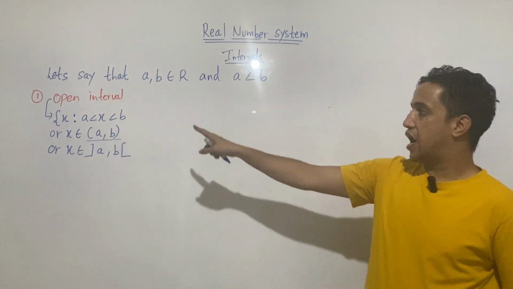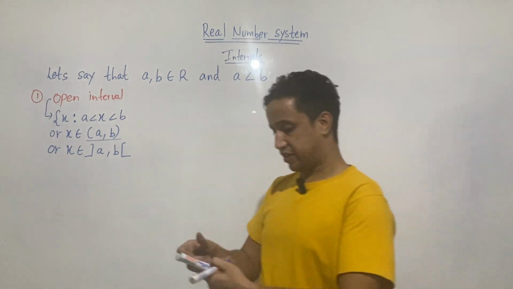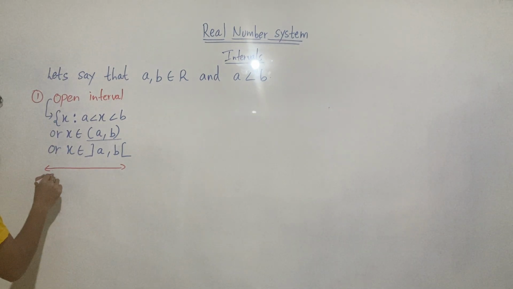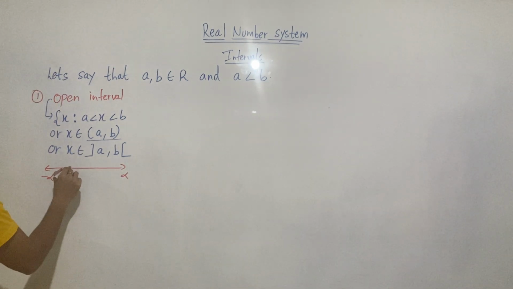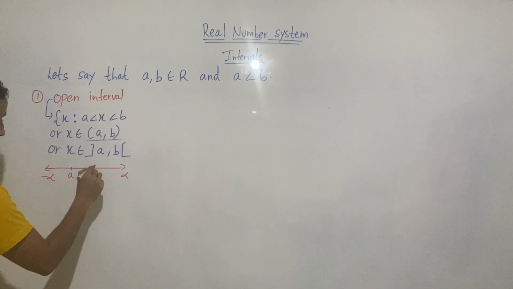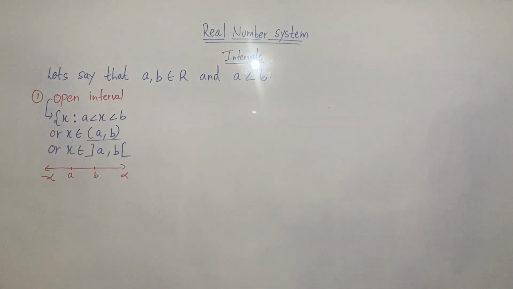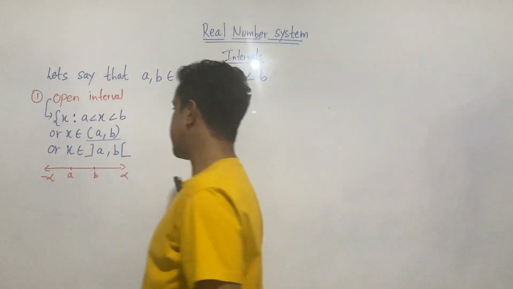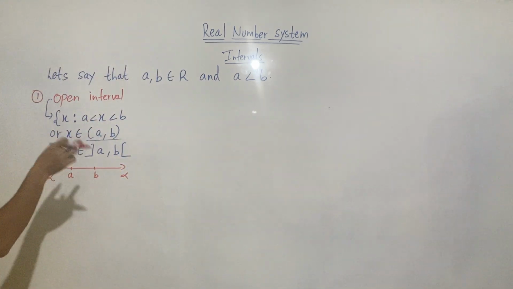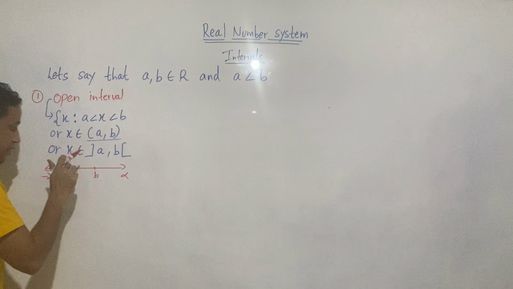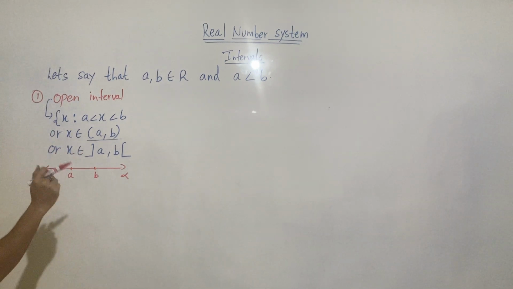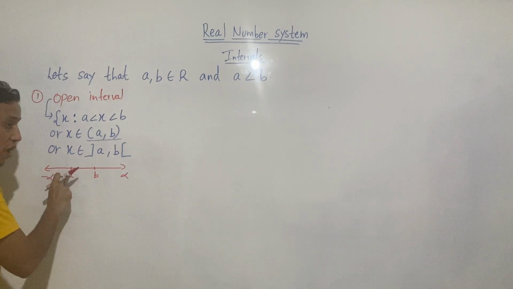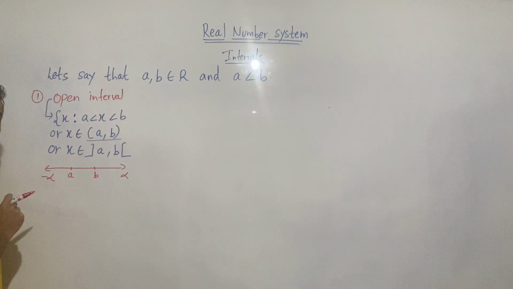So in an open interval, let's say this is my number line, here minus infinity, here infinity. So here I have a, here I have b. If x lies between a and b, what does it mean? It means a and b are not included, which means that I cannot take the value of x as a or b.